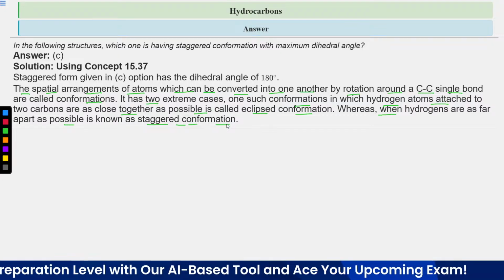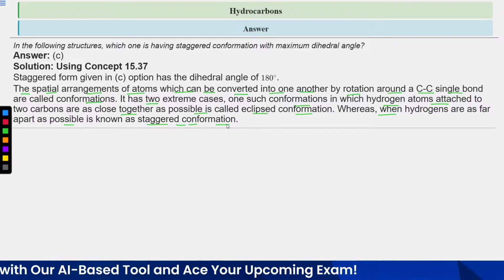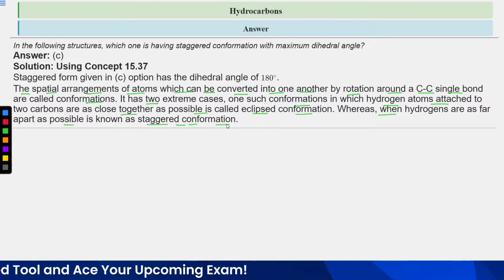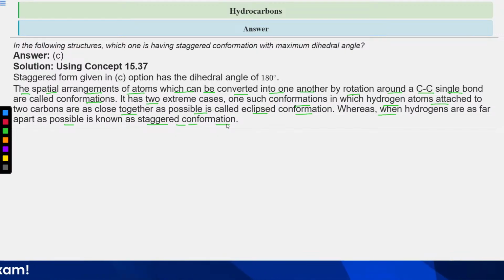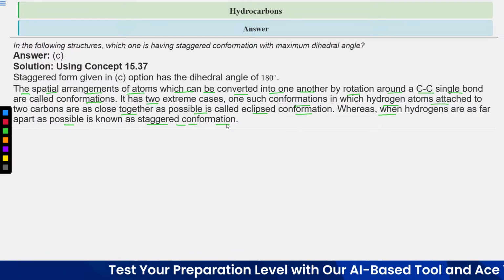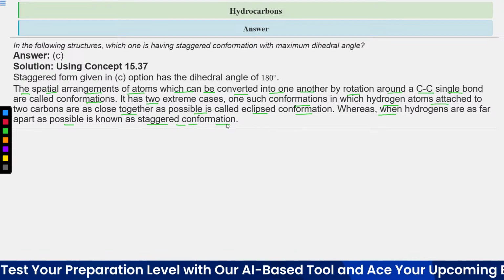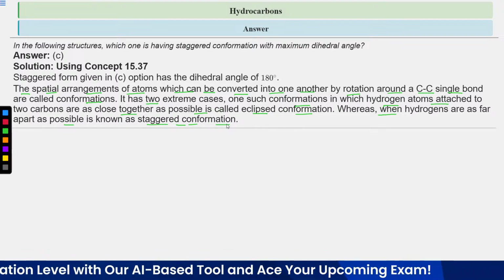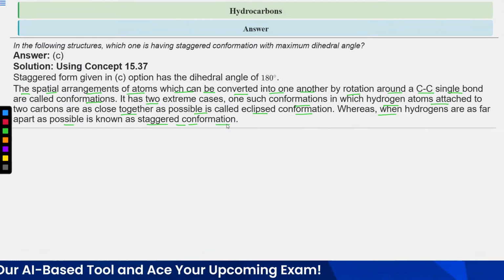In the first case, the eclipsed conformation forms, in which the hydrogens around the C-C single bond arrange themselves as close as possible. In the second case, the staggered conformation forms, where the hydrogens are as far as possible from each other around the C-C single bond.